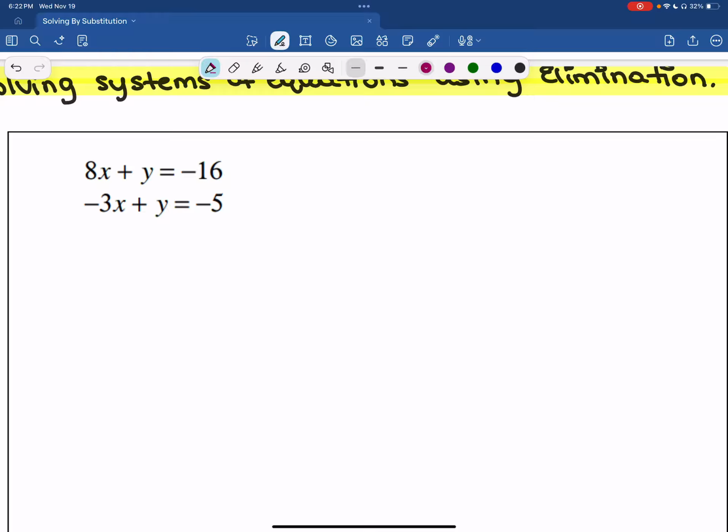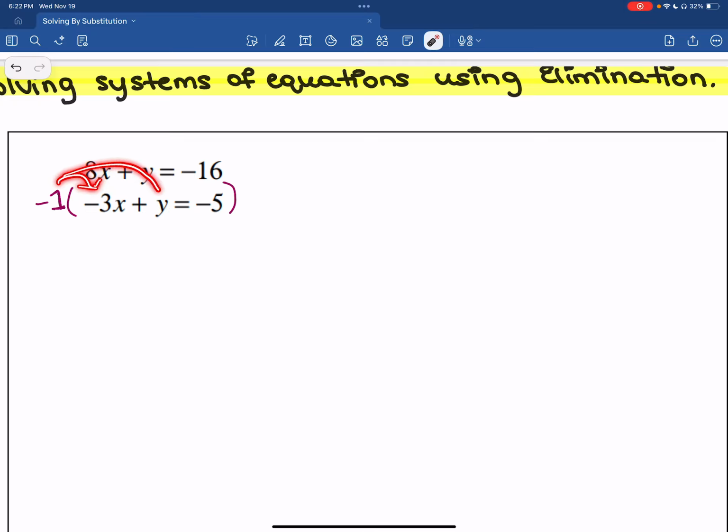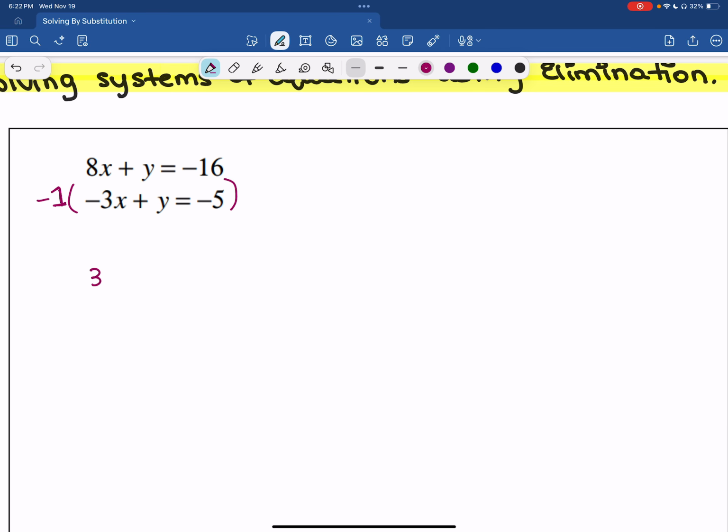So if we do that, say I take the second equation and I multiply that by -1, I'm going to now distribute this -1 to every term in the parentheses. So -1 times -3x is positive 3x. -1 times positive y is -y.